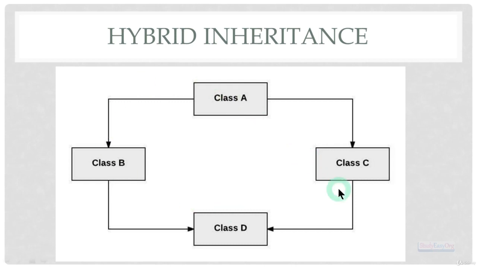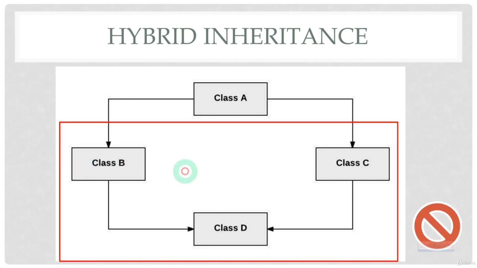This example is very simple, but hybrid inheritance can be way more complex, and this particular hybrid inheritance in front of us will not be accepted by Java. Why? Because for class D there is more than one superclass. This is again a part of multiple inheritance. As a result, this hybrid inheritance is not allowed, but a combination of different types of inheritance is allowed, provided there is no combination where we have multiple inheritance. Alright, so this is good enough.